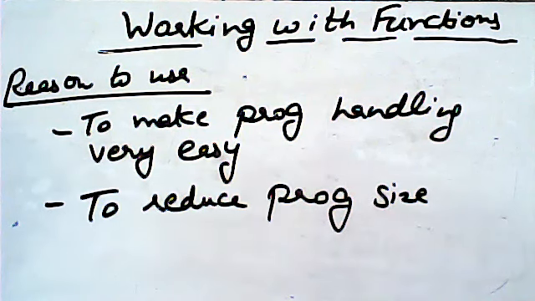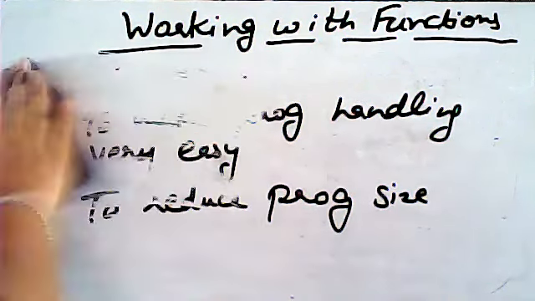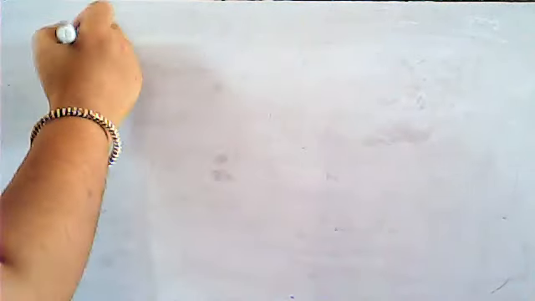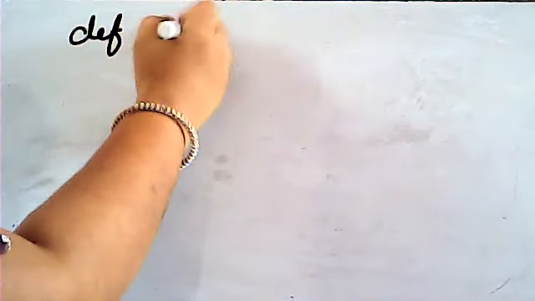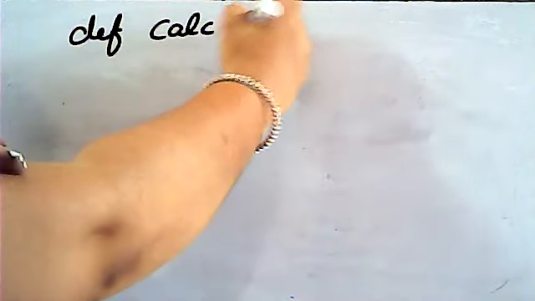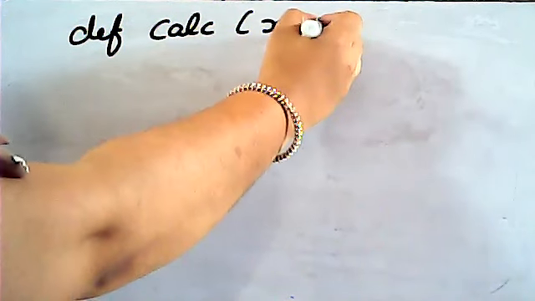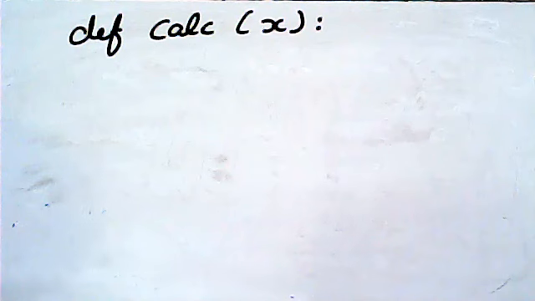Now we start with the syntax of the function. What is the syntax of the function? How is it to be defined? Very first, when I have to make a function, we firstly write def.